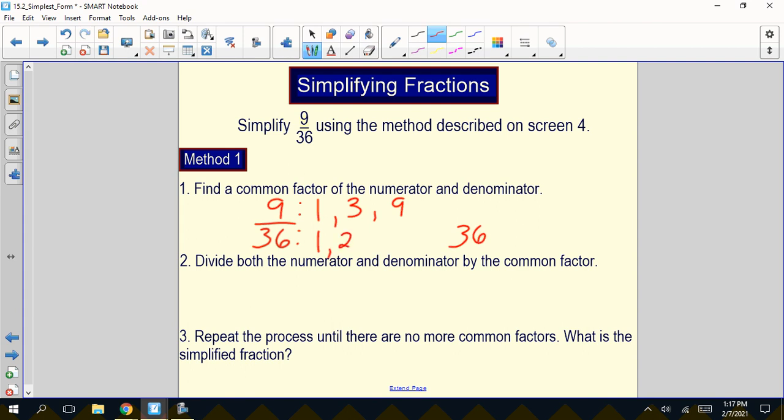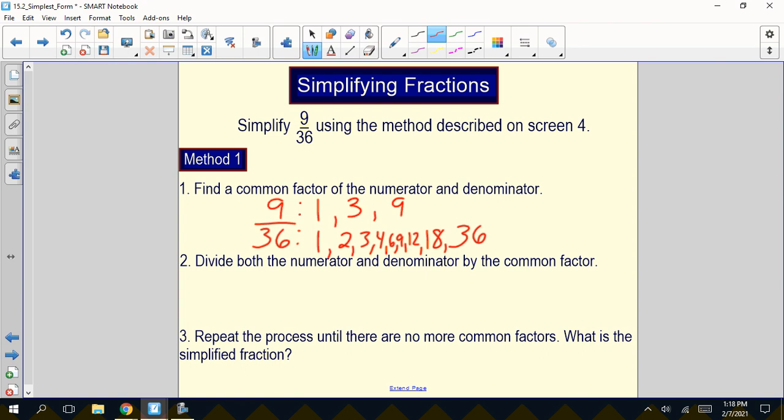2, and if you counted by 2s, it's 2 times 18. 3 also works. It's 3 times 12. 4 works. It's 4 times 9. And then the other one is 6 times 6.